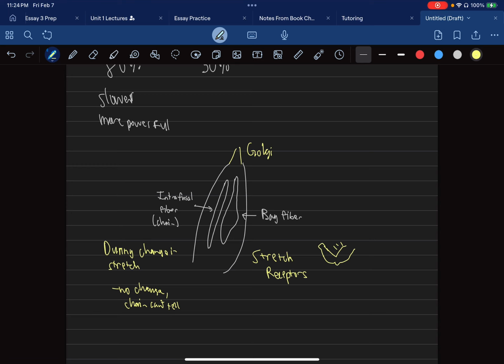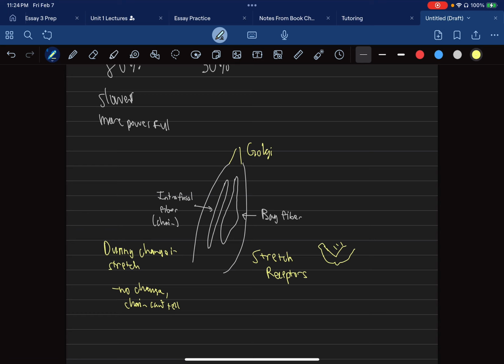So if our muscles start to stretch too much or start to contract too hard, the Golgi is going to send an inhibitory stimulus to the muscle that is contracting, and an excitatory signal to the muscle that is resting or stretching.